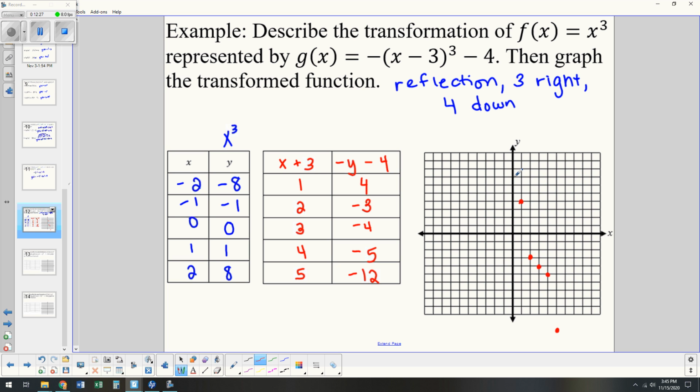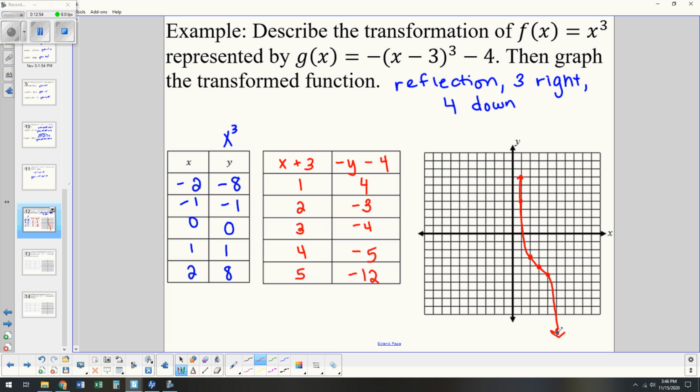So graphs like this are going to, let me try and start that over. 1, 4. So we're going to go down. We're going to curve it here, and then we're going to go down again.